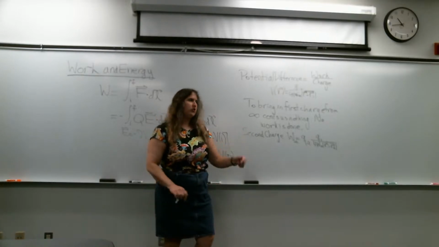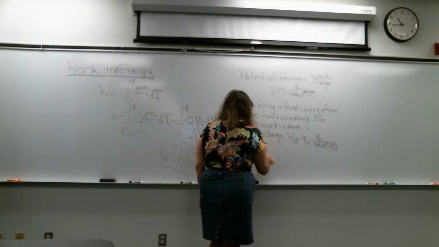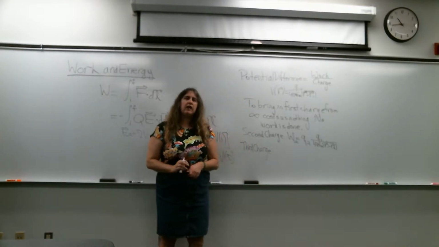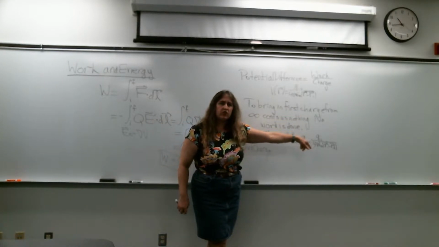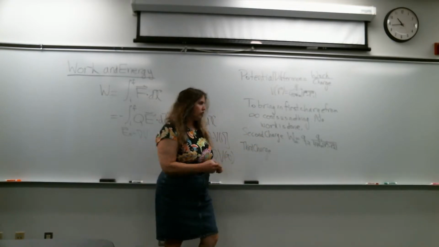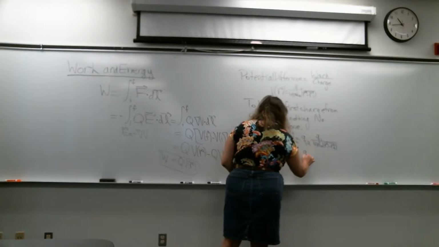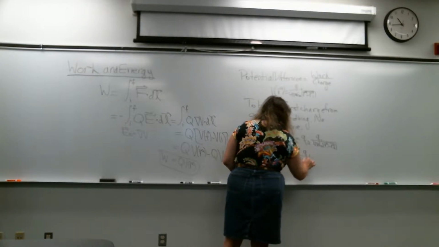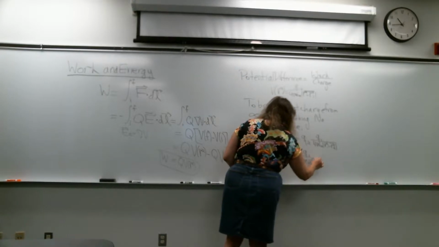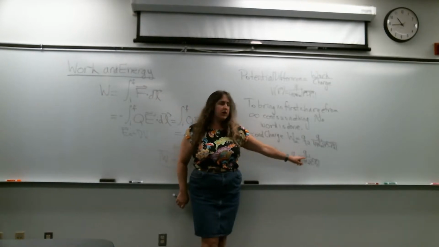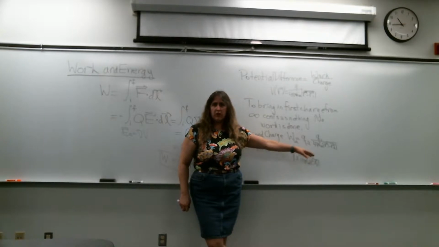To bring in the third charge now, we have to take into account not only the field due to the first charge, but also the field due to the second charge. So the work that we need to do in bringing the third charge looks like this. And that's equal to Q3 Q1 over 4 pi epsilon naught, magnitude of the separation vector between charges r1 and r3.